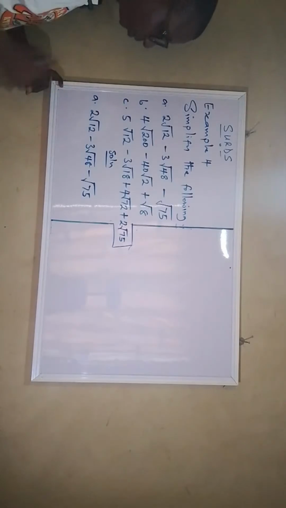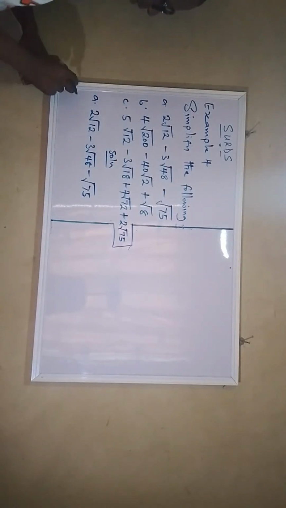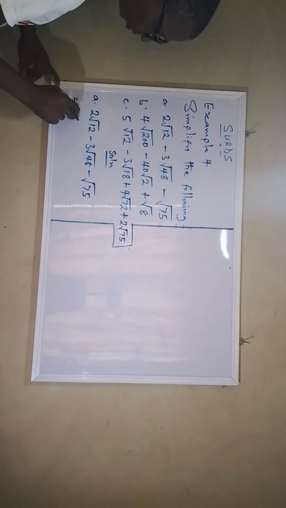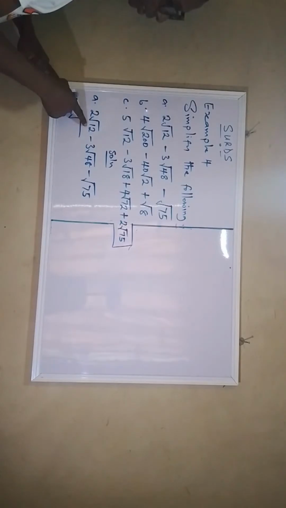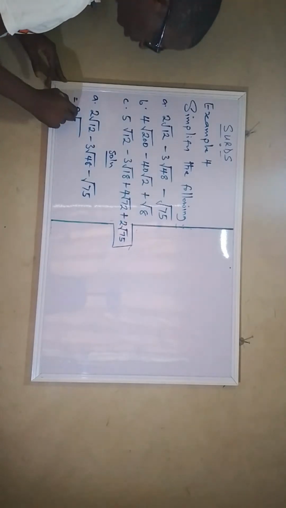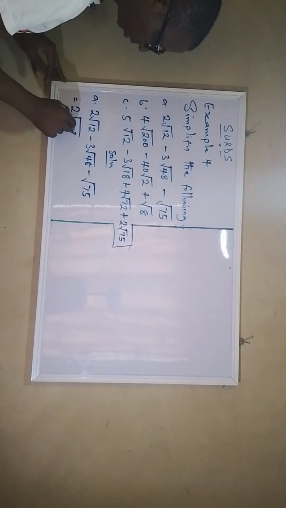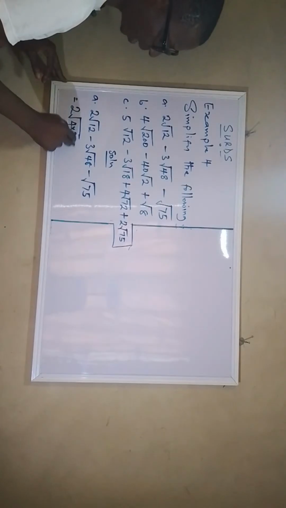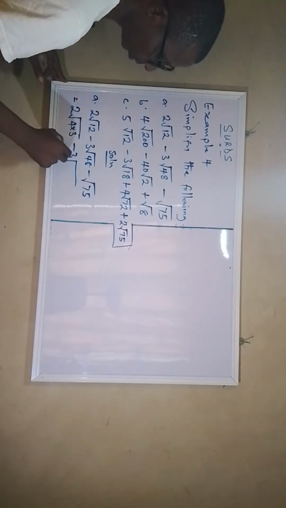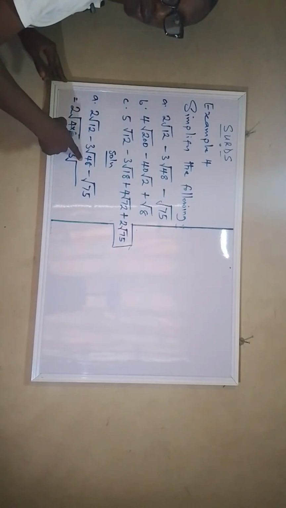So now let's start with the first one. So we have 2 times square root of, now what is the highest perfect square that will go here? That's 4. That's 4 times 3. Minus 3 open brackets, what is the highest perfect square that will go here?